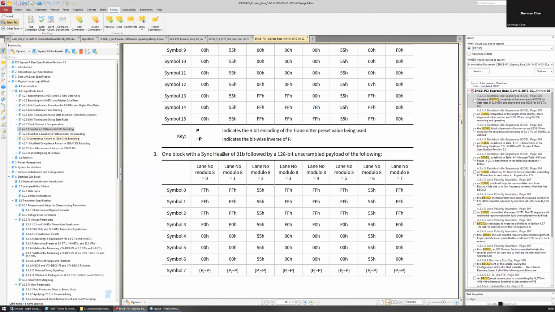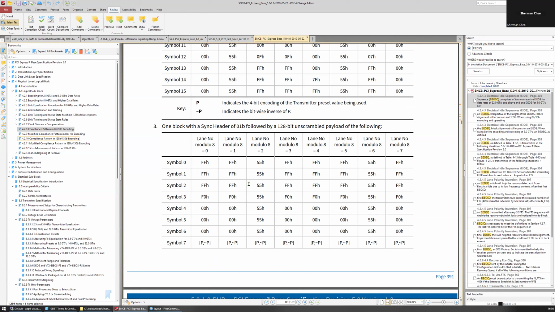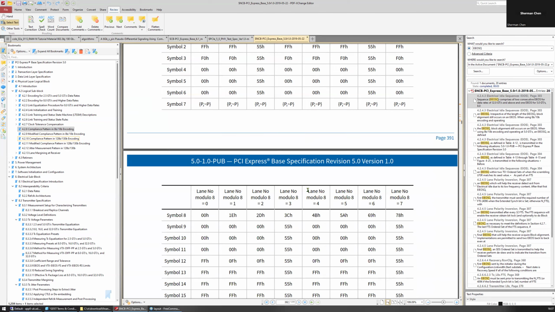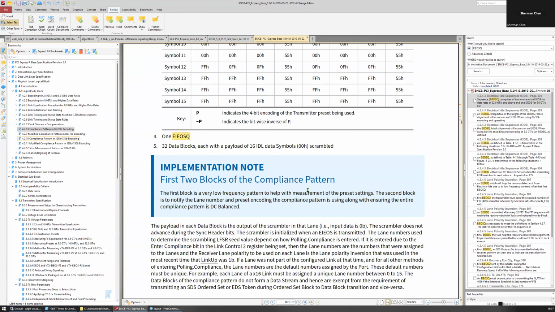The sync header is always there in each block. And also a 128-bit unscrambled payload of another matrix of symbols, also 128 symbols.